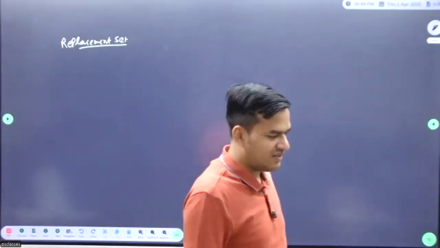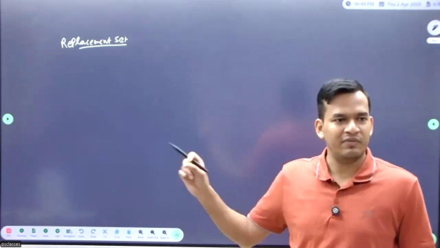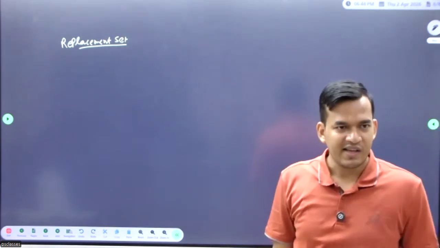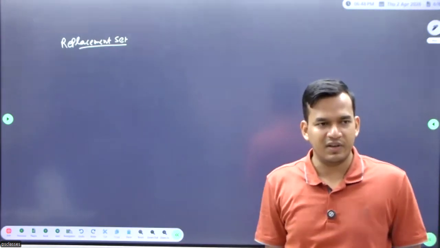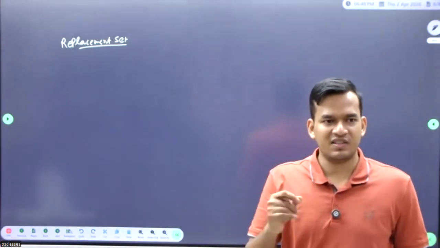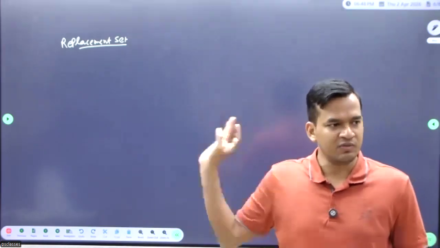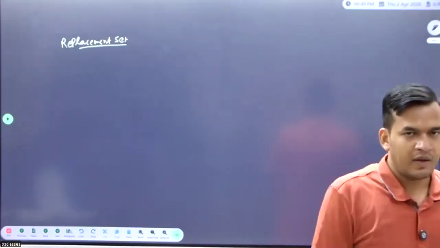Suppose I ask, what is the set of natural numbers? The set of natural numbers contains the numbers from 1 to infinity. 1, 2, 3, 4, 5, all the numbers. The set of whole numbers is 0, 1, 2, 3, 4, 5 up to infinity. The set of integers is negative to minus 3, minus 2, minus 1, 0, 1, 2, 3 up to infinity. So this is called a set.